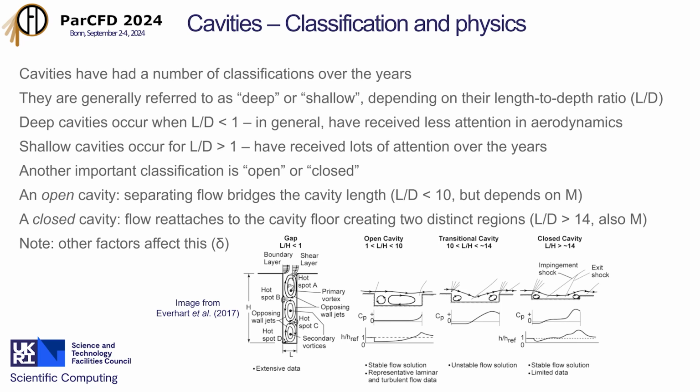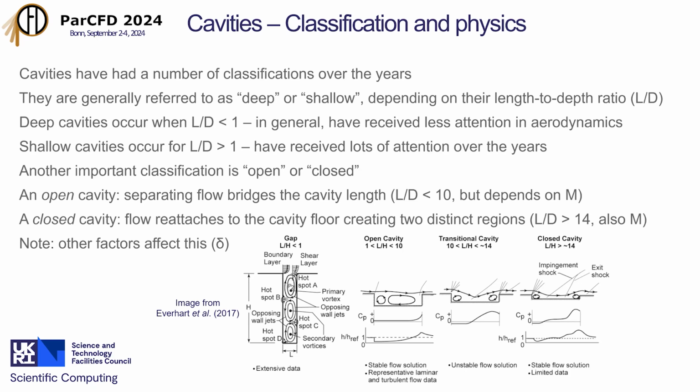But the most accepted ones today are the deep cavities, which is this image here, where the length to depth ratio is less than 1, or shallow cavities. Shallow ones have had the most attention. A lot of work has been done on deep cavities, but generally around benchmarking with lid-driven cavities rather than aerodynamic features.